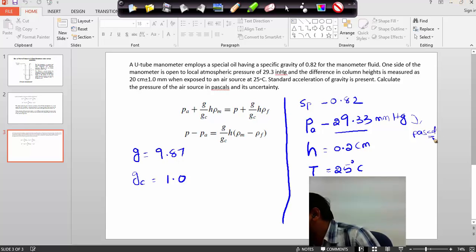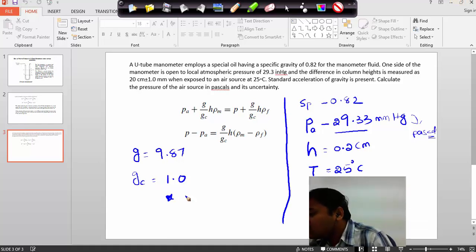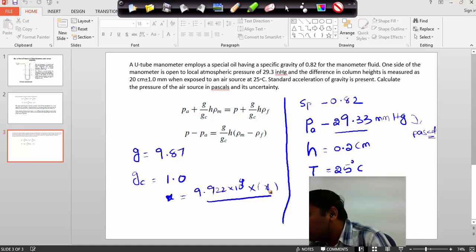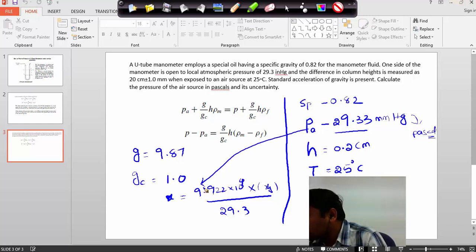So the formula for conversion of mm of Hg into Pascal is x pascals is equal to 9.922 into 10 to the power of 4 into the input of mm, say x or y, divided by 29.3 pascals.